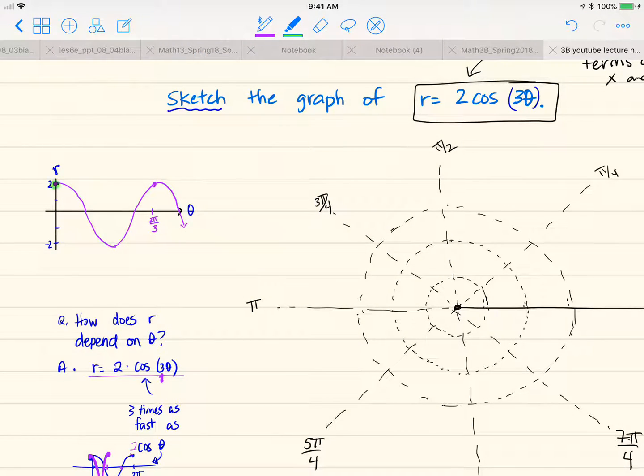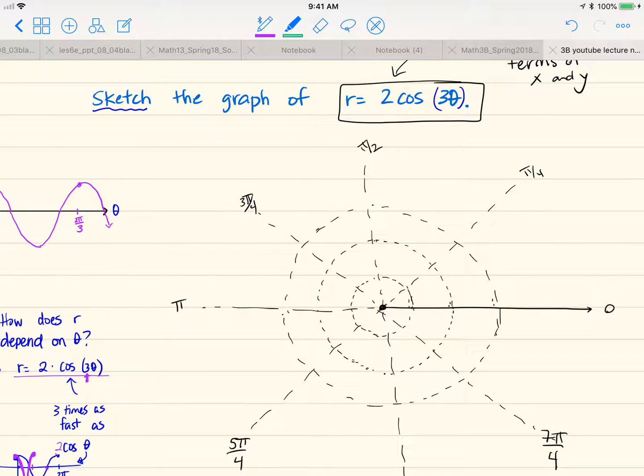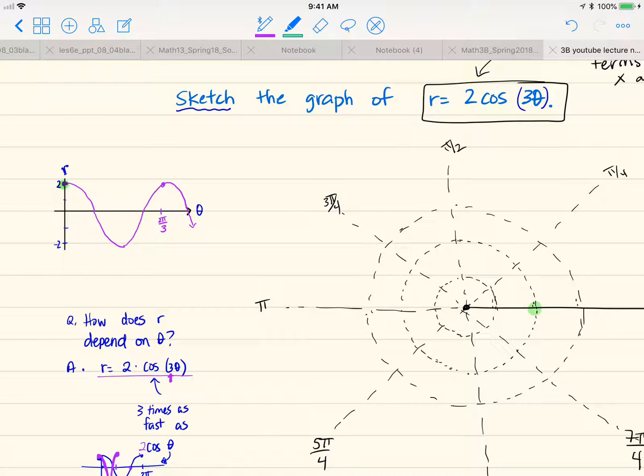So I'm going to start out, because theta equals 0. Do you see how theta equals 0 is along here? So when theta equals 0, I'm going to start out at 2. That's where I'm starting out. And now as theta increases, r is decreasing and coming back into 0.